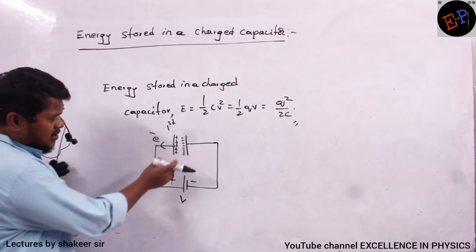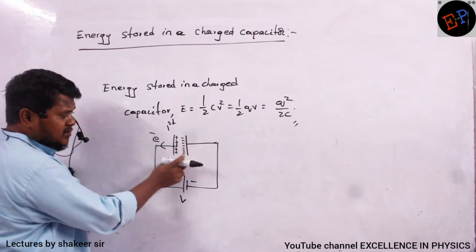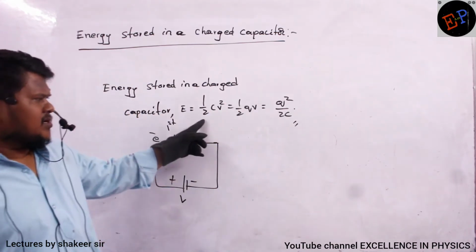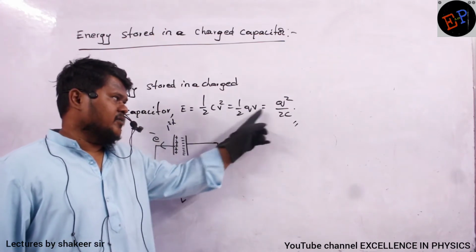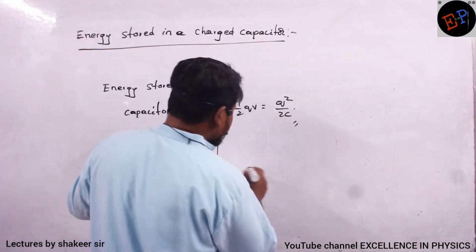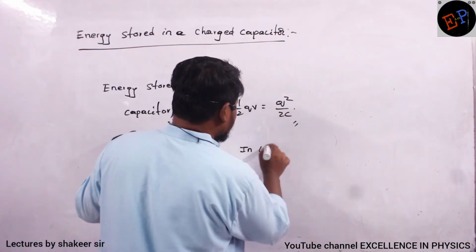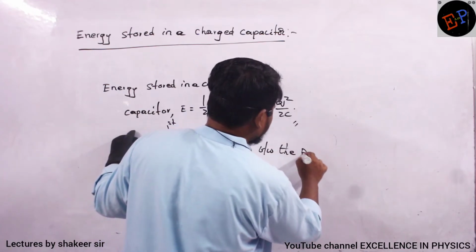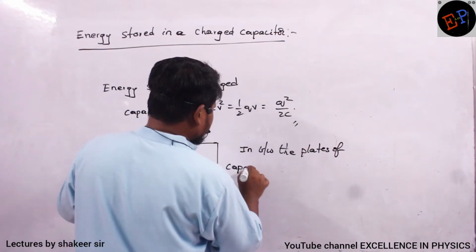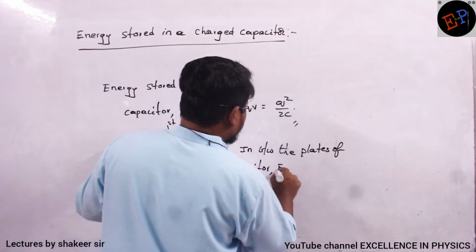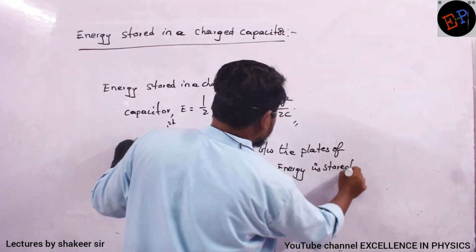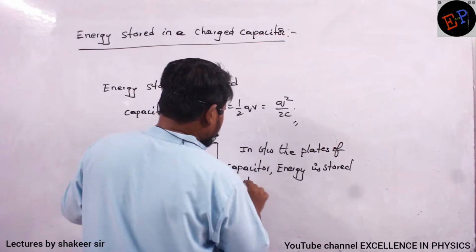And the amount of energy which is stored between these plates of the capacitor, the equations are: half CV square, half QV, and Q square by 2C. And one more point which we should write is, in between the plates of the capacitor, energy is stored in the form of what?